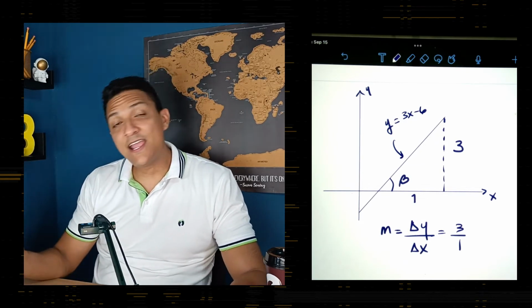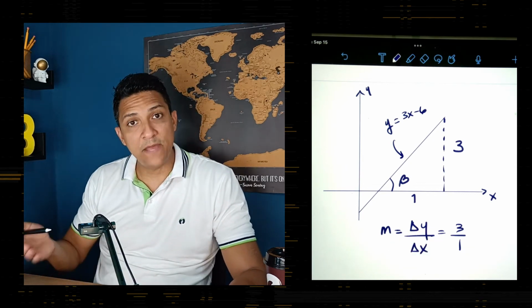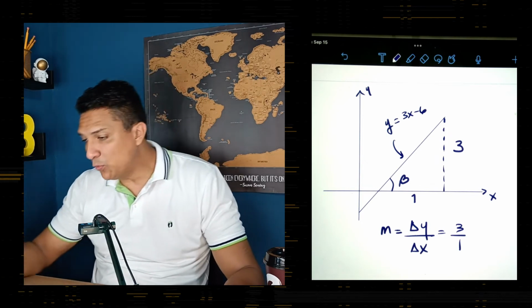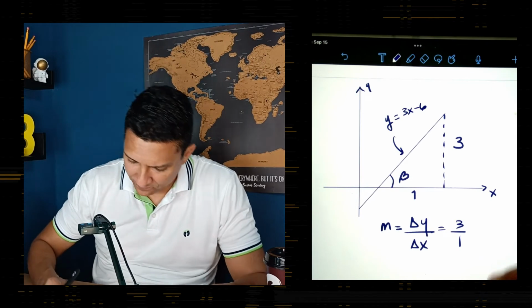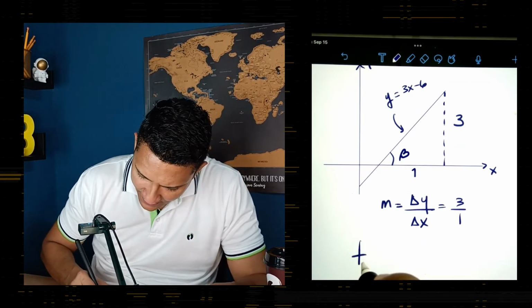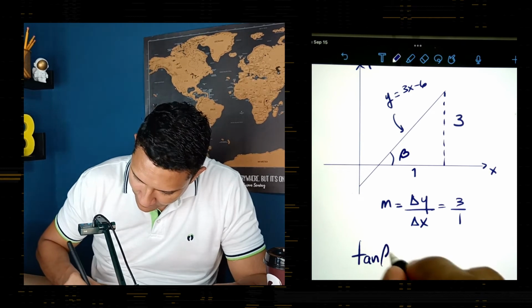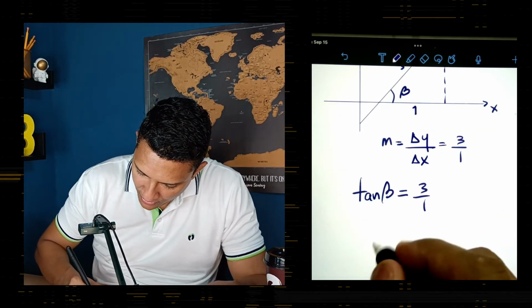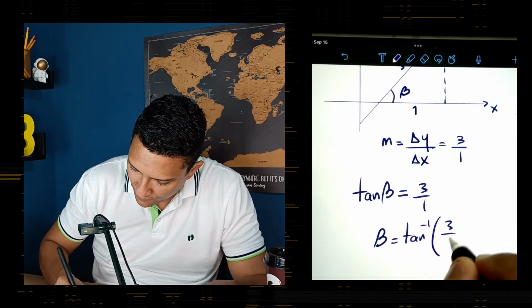Notice that they are giving me the opposite side. If I know that beta is the reference angle, the 3 is the opposite side, and the 1 is the adjacent side. So tangent. That means that tangent of beta equals 3/1, and now I'm going to pass the tangent to the other side as the inverse.